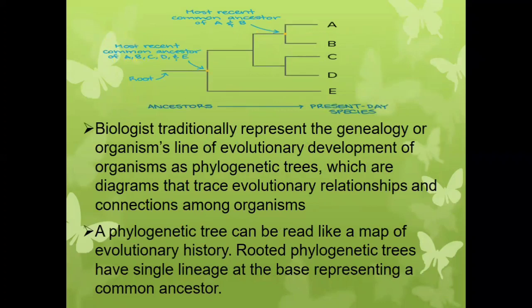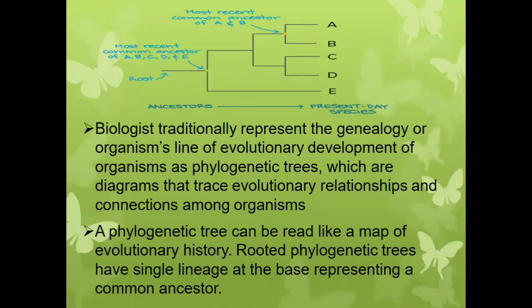Biologists traditionally represent genealogy or organisms' line of evolutionary development as phylogenetic trees, which are diagrams that trace evolutionary relationships and connections among organisms.